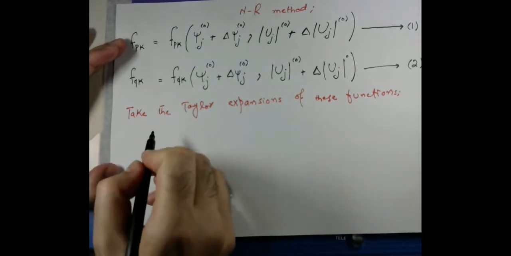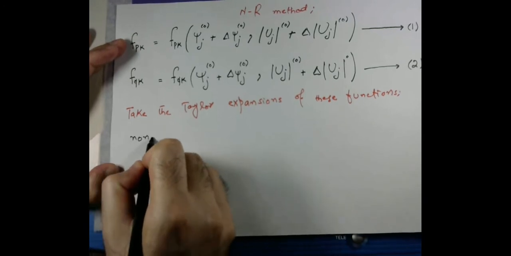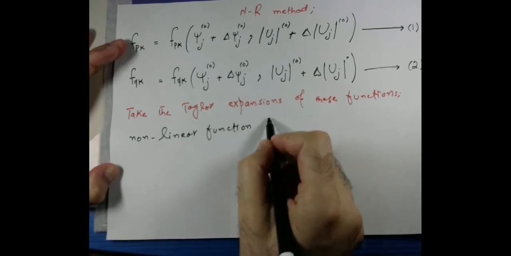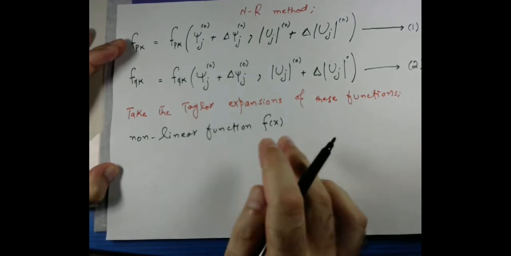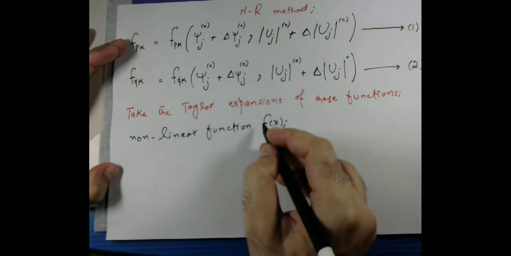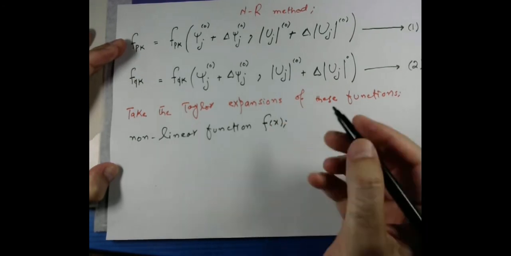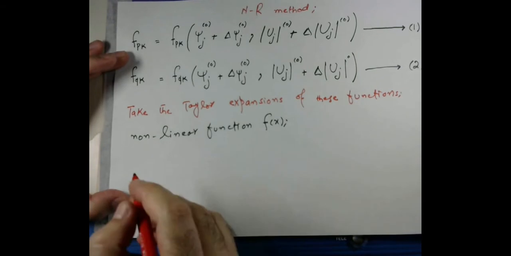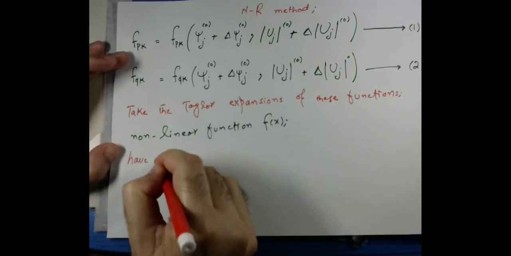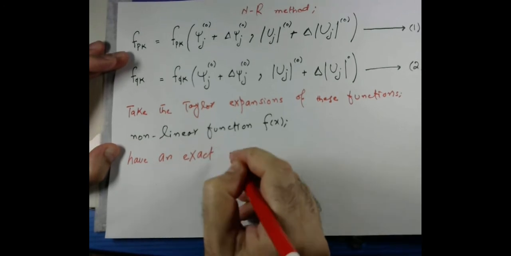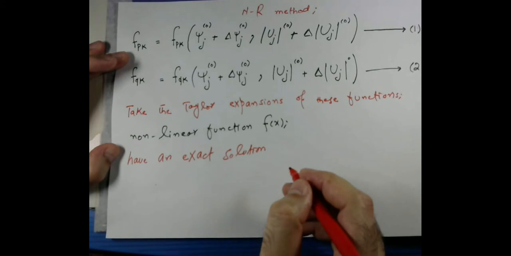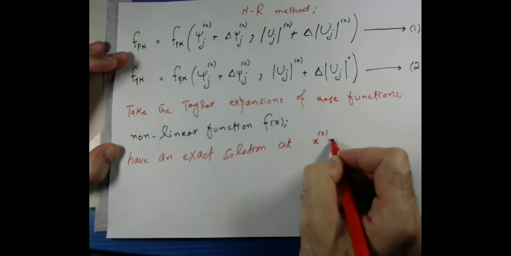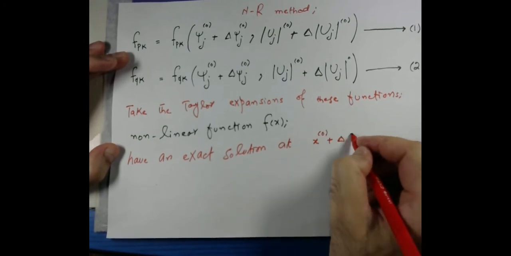So let's say we have a non-linear function f of x, and let's say this function has an exact solution at x0 plus the error in this particular guess.